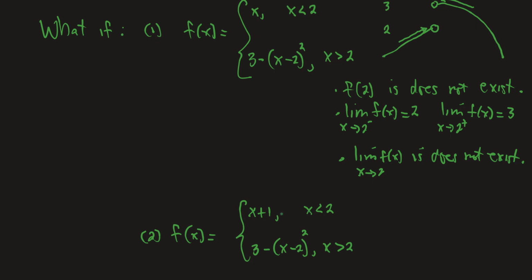So if I have a +1 here, remember what happens when you add a constant to a parent function or a base function. It shifts the graph up, and in this case it's going to shift it up by 1 unit. So instead of the linear function getting closer and closer to 2, the linear function is now going to also get closer and closer to 3. So this is what it would look like.